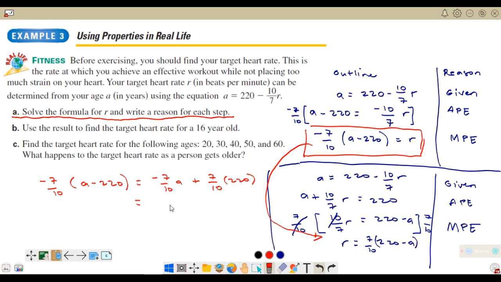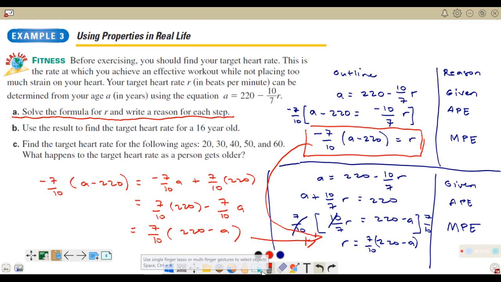Ngayon, pwede mo ito isulat as 7 over 10 times 220 minus 7 over 10A. Factor out natin yung common, which is 7 over 10. You will end up with 7 over 10 times 220 minus A. Pare-parehas lang yung tatlong yan. Okay? Okay. So, move tayo dun sa susunod.